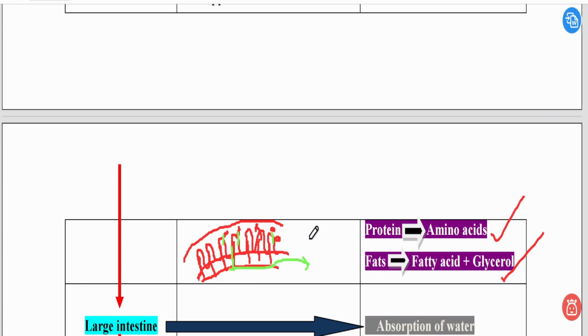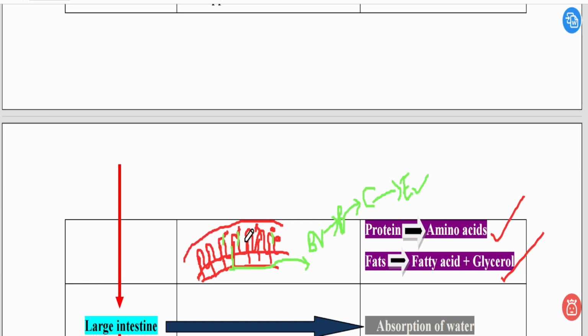So that means from the blood vessels to the main bloodstream, and from the blood to the different cells of the body. When it reaches the different cells of the body, these cells will release or produce energy, and also there is growth and development of the body, and the cells perform various functions.